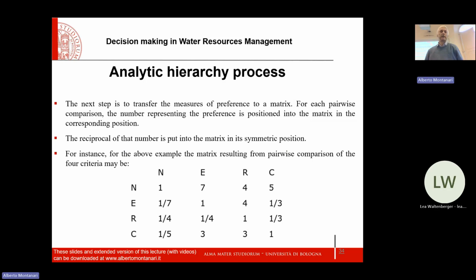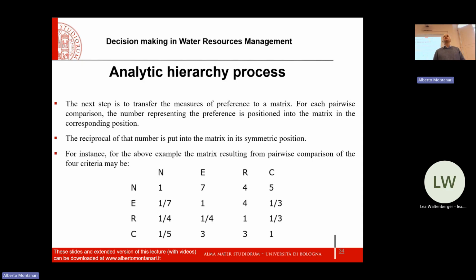So let's suppose that you get this matrix. First, the diagonal is 1. If you compare a criterion with itself, they have the same importance. So the diagonal is 1. And then we compare N with E, the net benefit with the environmental impact. Let's suppose that these people say it's 7.